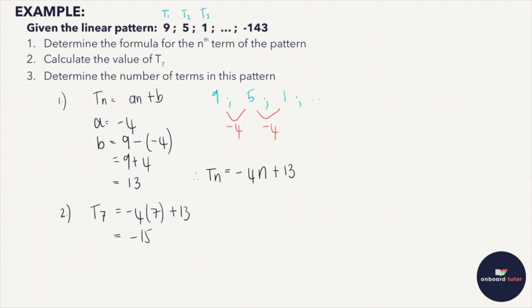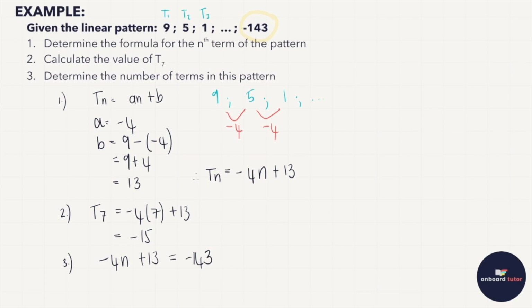And then finally, they would like to know the number of terms in this pattern. So if we have a look, what we do know is that the last term here is equal to minus 143. So what I can do is take this general term that I've worked out and say, well, if it is equal to minus 143, what would the value of n be?